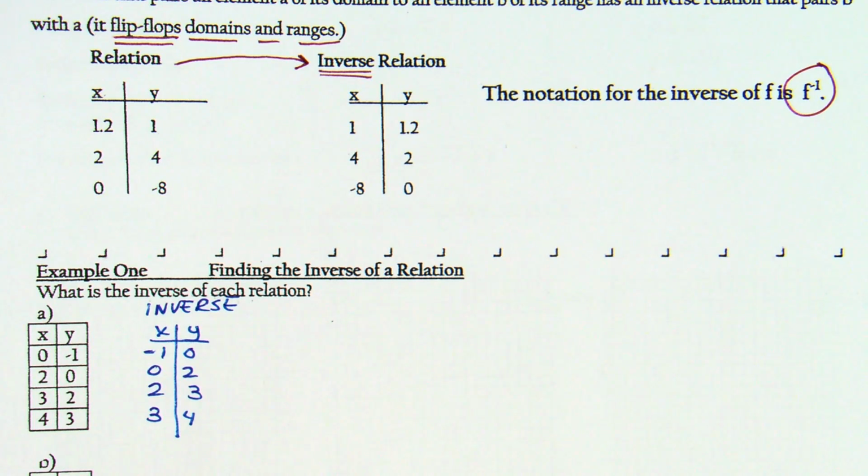But we need to review what it means to be a function. Do you remember how to figure out if something's a function? Probably been 2 years at this point.